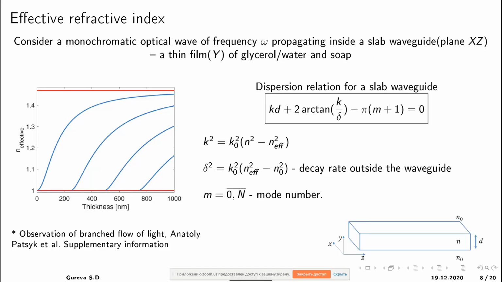From the dispersion relation for a slab waveguide, we can express it as a function of the thickness of the film, and as there are variations of thickness in a real soap film, these variations act as this weak disordered potential.